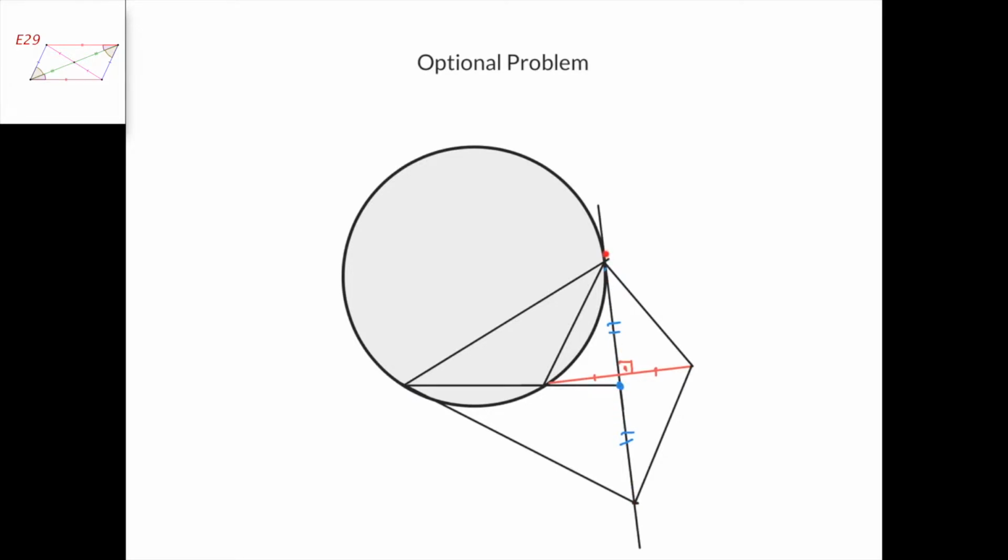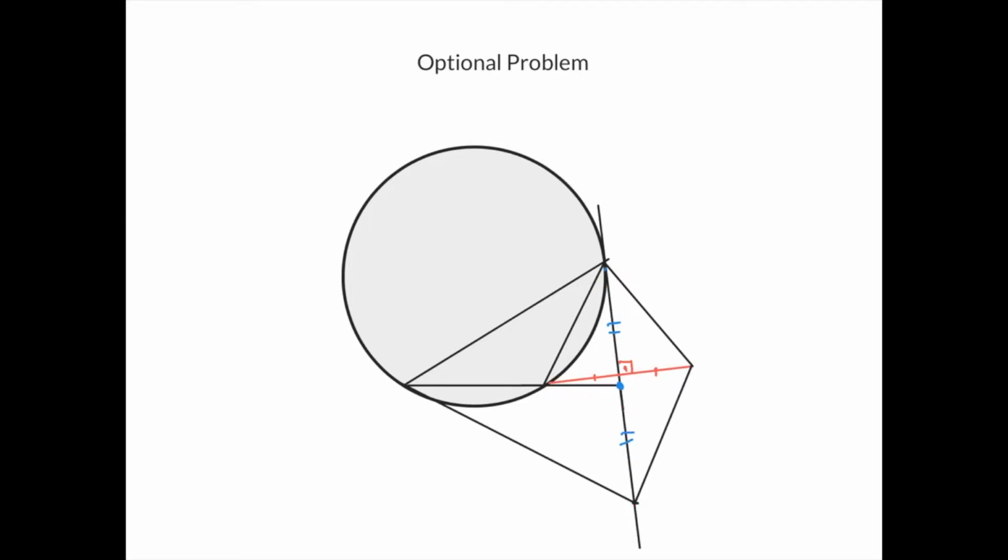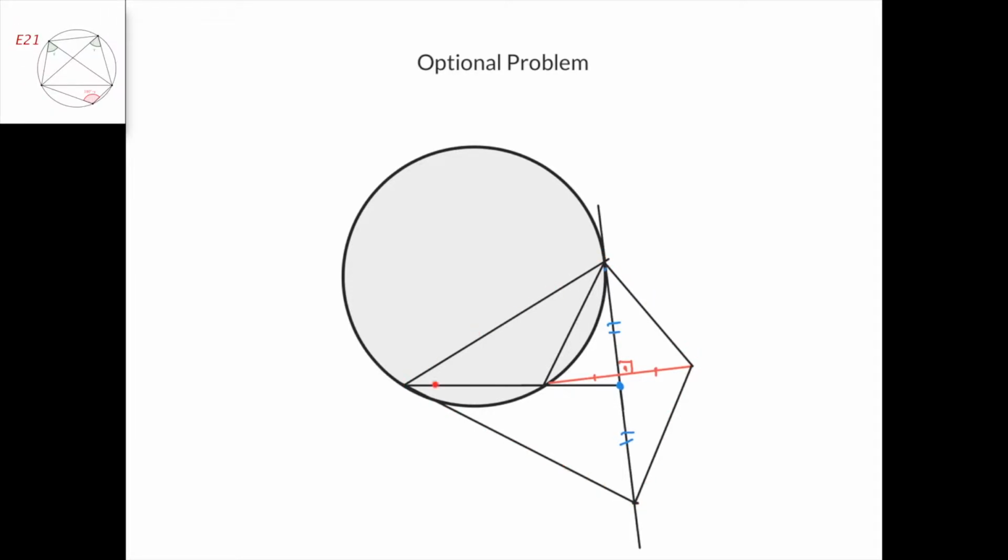So this equals this, or the blue point is the midpoint of the segment between this and this point. This point is defined as the reflection of this point with respect to this line, the tangent line. So this is perpendicular to this, and this equals this. We have to prove that this quadrilateral is cyclic.